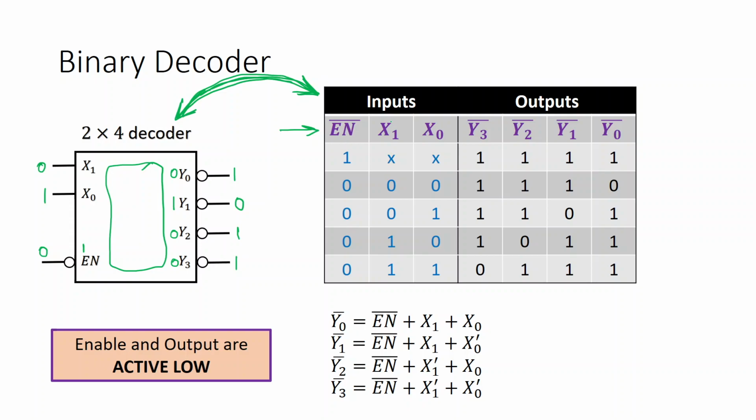When we read this together, y0, y1, y2, y3 are the signals which are inside the block. What we are writing here are the complements of them, because when I come outside I am doing a NOT operation and then coming outside. And since it is active low, I know what I need to get when I come outside.